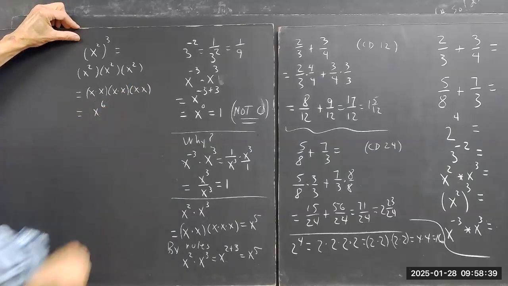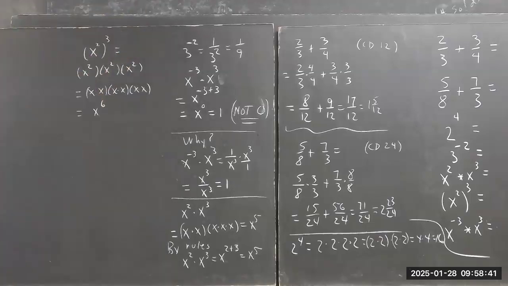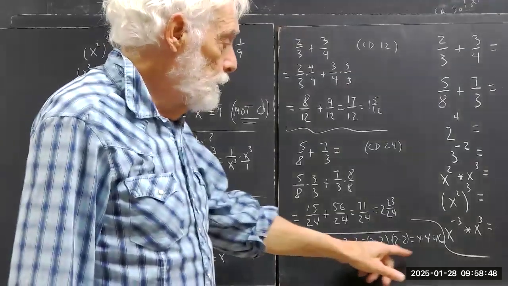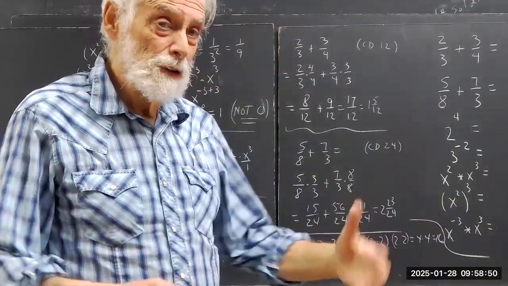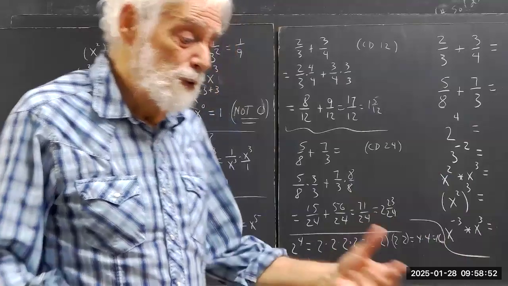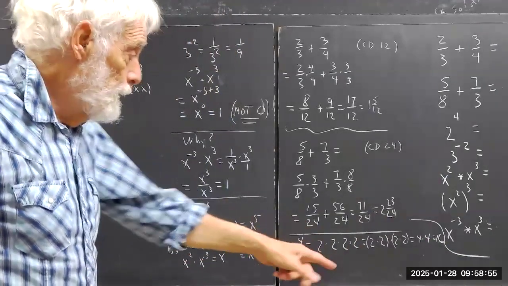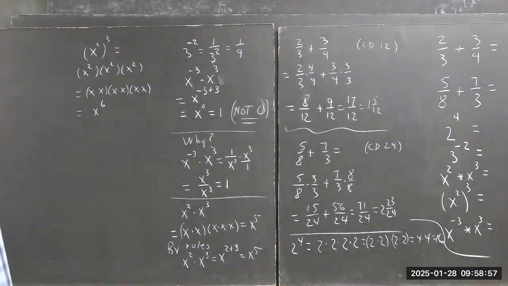Well, that's x to the 6th, because we can remove those parentheses. The sequence of multiplications can be done in any order. We could group them in pairs or whatever, and then group them again, but it'll work out.